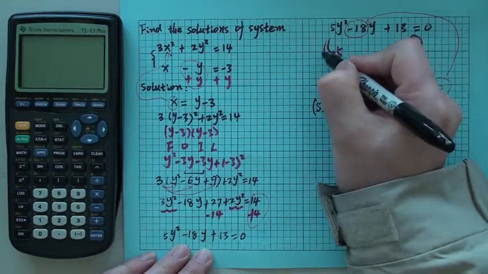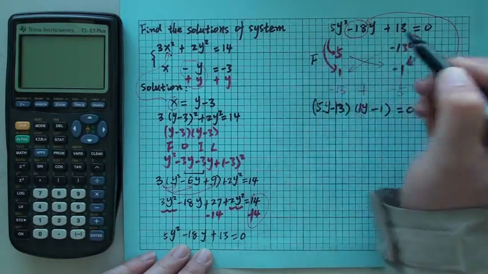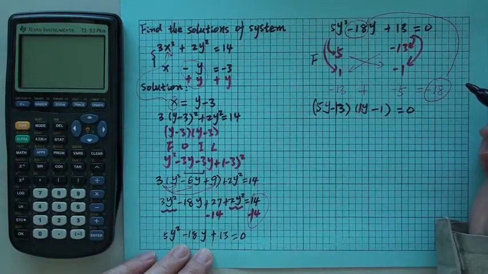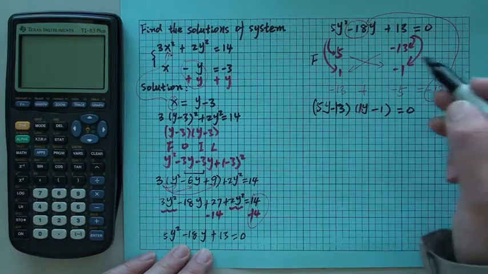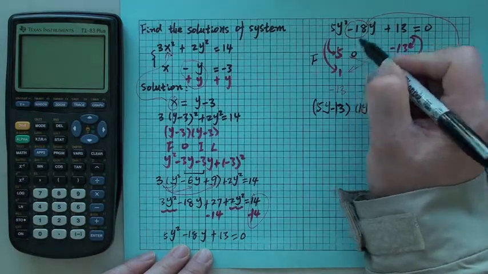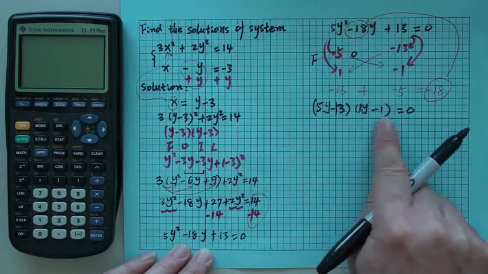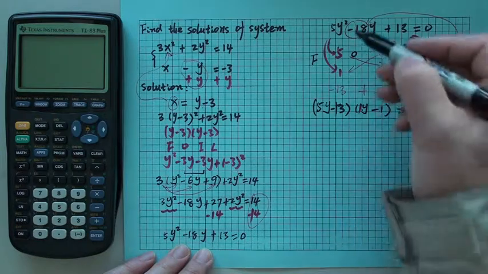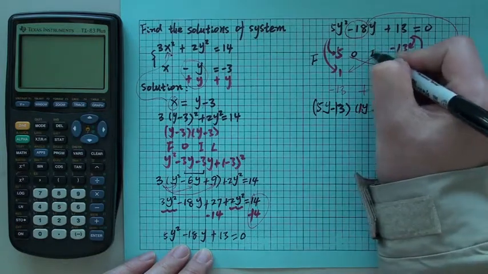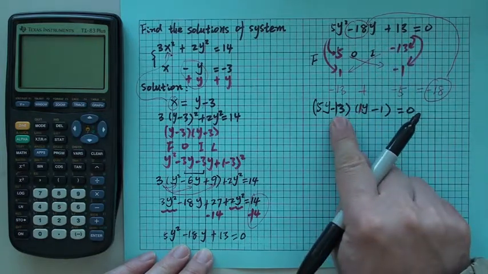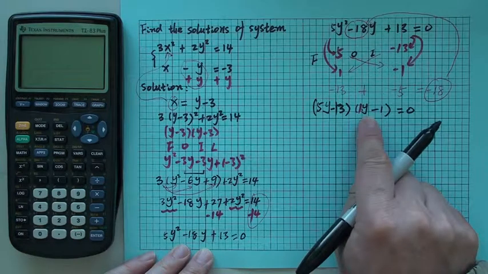When you split, the first one is the first product. The outer product is 5 times negative 1. The inner product is negative 13 times y.